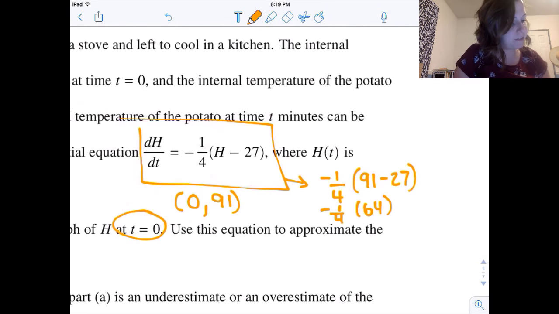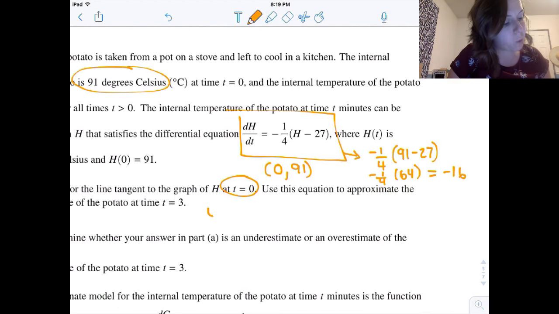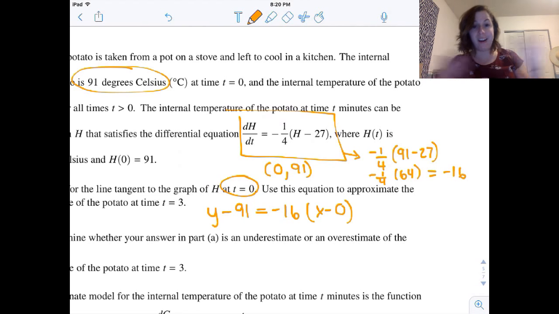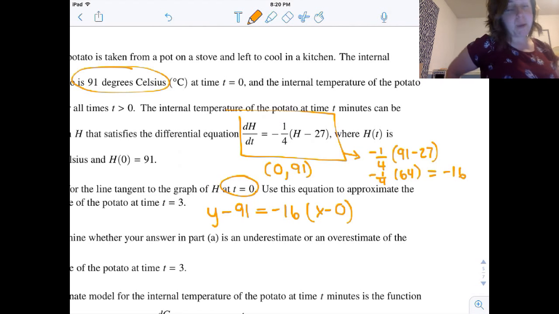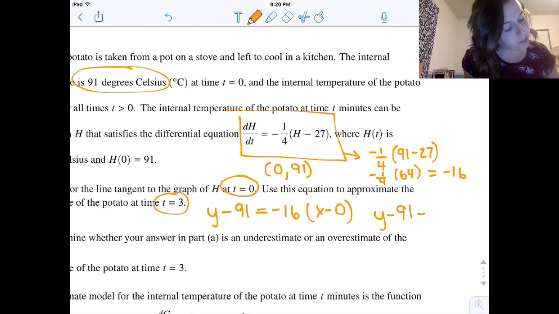Okay, my class, you've had this question on a test before. So y minus 91 equals negative 16 times t. So, tangent line, that's it. That's all I want to see. Again, the 0 can be there or cannot. I don't really care. That's up to you. But now I need that to approximate h at 3. So, y minus 91 equals negative 16 times 3, right? Multiply 16 by 3, it's negative 48.